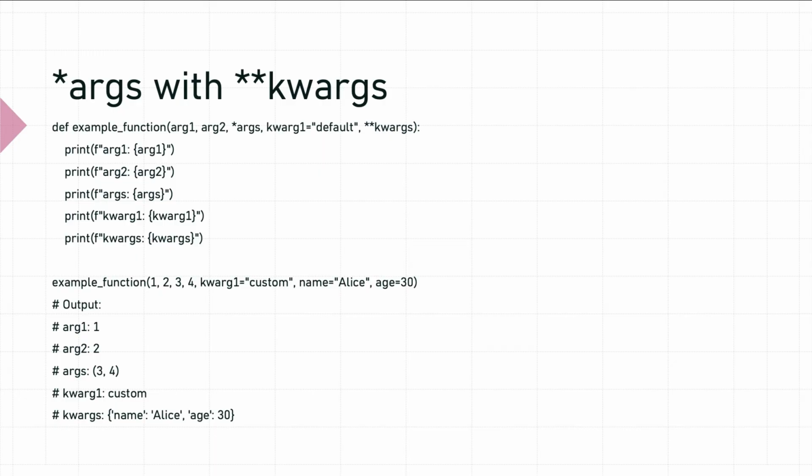Then the argument kwarg1 equals custom will be for parameter kwarg1, but instead of having the default value, it will have custom. Then the rest of the keyword arguments, like name equals Alice and age equals 30, will be used by the **kwargs parameter. So as you can see, using *args and **kwargs can make your functions more flexible and versatile, allowing you to handle a wide range of input arguments.